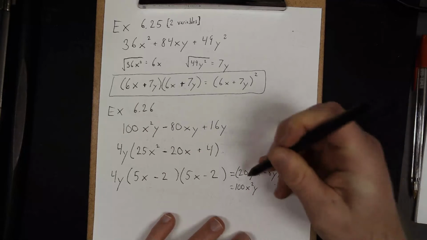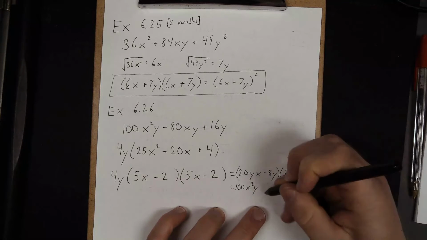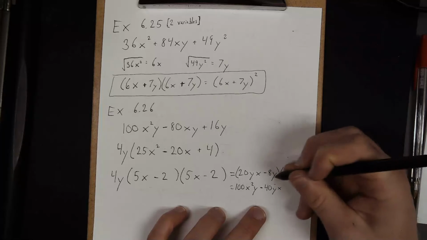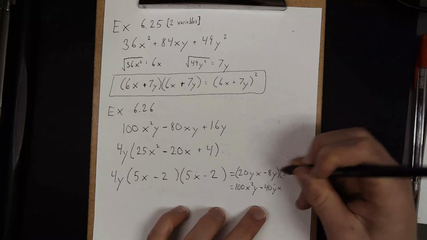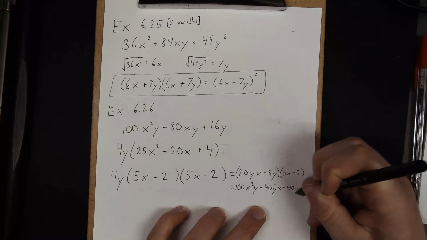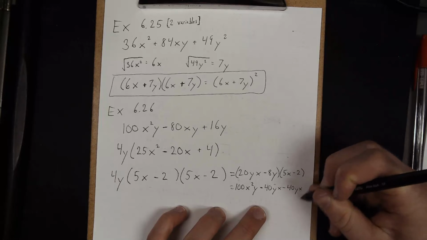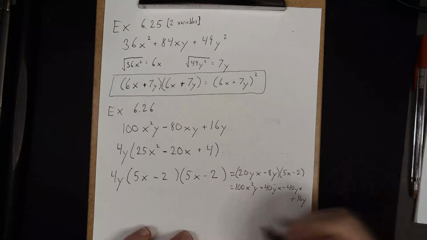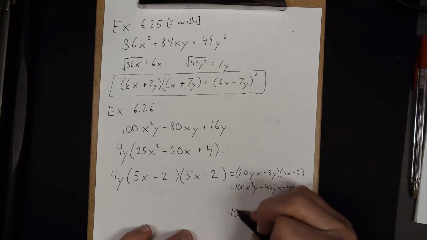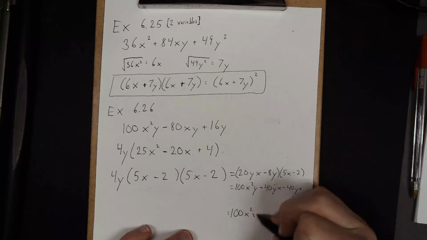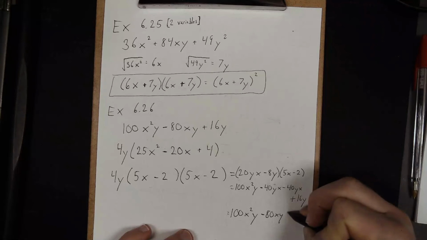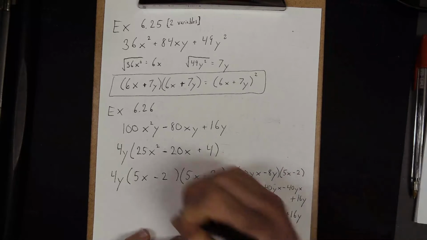That looks familiar. 20yx times minus 2, so minus 40yx, minus 40yx. And then we have a plus 16y. And you'll see we end up with our original trinomial. So we know we did this thing right.